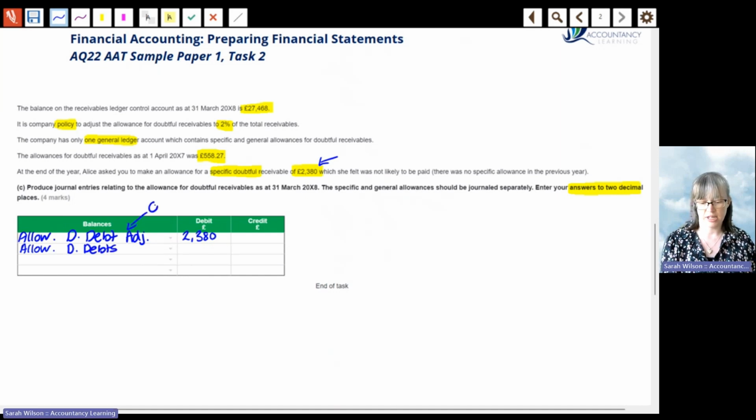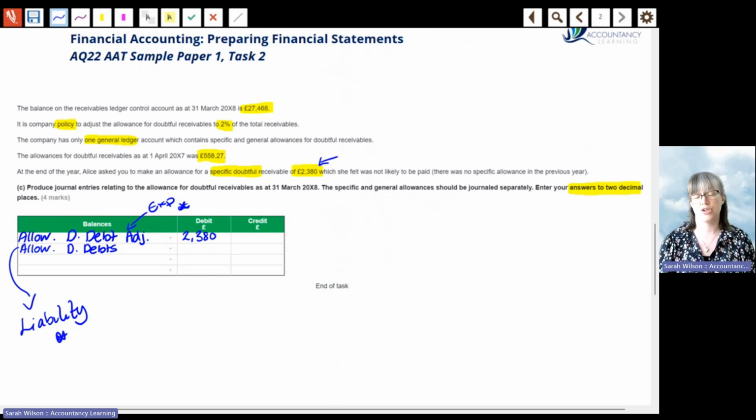So this one is your expense account, and this one is your liability account. So this would show on your statement of profit or loss, and this one's going to show on your statement of financial position. So our opposite entry is a credit then to increase that liability of 2380. And don't forget, we've got 2 decimal places. So we can finish that off like that.